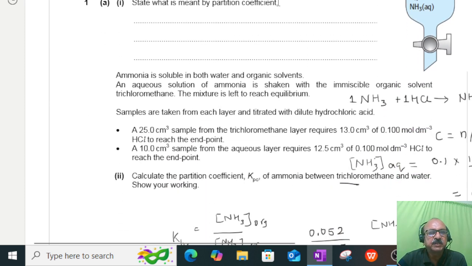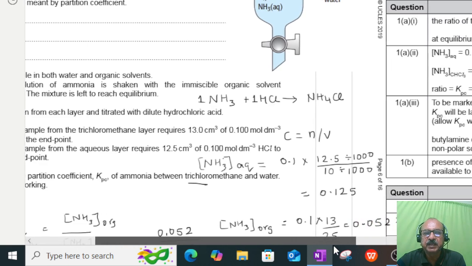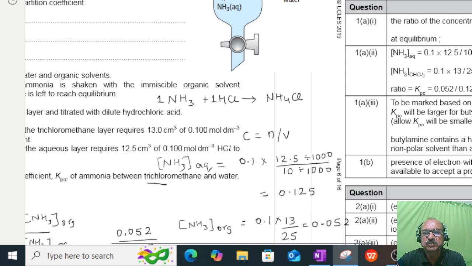So we start with question number 1, which is state what is meant by partition coefficient. For partition coefficient, this is the kind of diagram that we refer to, and the partition coefficient has been defined as the ratio of the concentrations of a solute in two immiscible solvents at equilibrium.